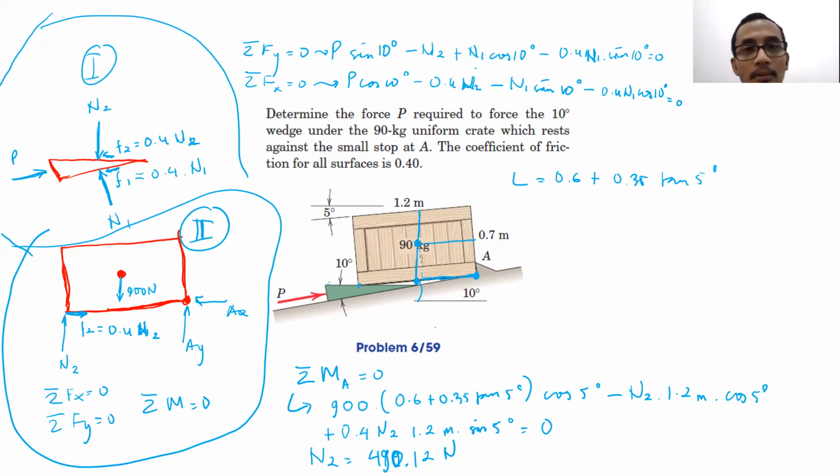Anyone here able to solve this one? What is the value of P there? Basically, these are the things that we have to solve. There are two unknowns, P and N1. I got 98.73, sir, for P. Yeah. 98.73 Newton. Okay, thank you very much, Adam. So that's the P value that we're supposed to have there.